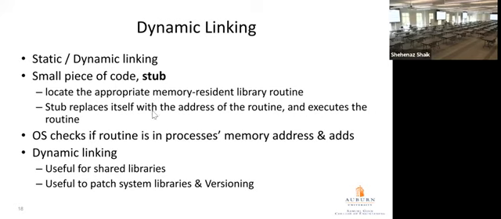One advantage with this particular approach is if there are multiple processes loaded into memory which are accessing the same libraries or same library routines, then using this feature we should be able to access the same library routine, or the same part of memory, from multiple processes.